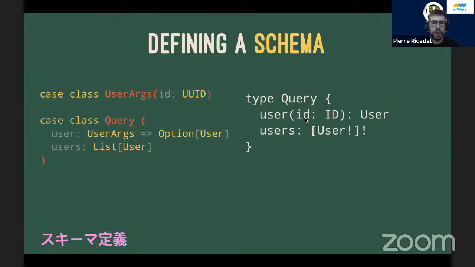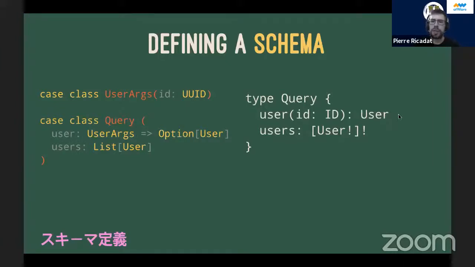To express an argument, like here there is an ID in the first field user, that is an argument. In Scala, we express it using a function. So a function from UserArgs, which is another case class, to an Option of User.